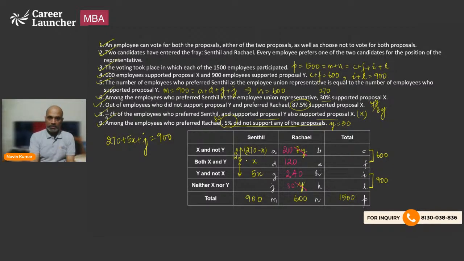And people who like C plus F is 600, that is 1500, 900, 270. Hold on. If we need the value of x and we do not know neither x nor j, so we are talking about 30 over there.